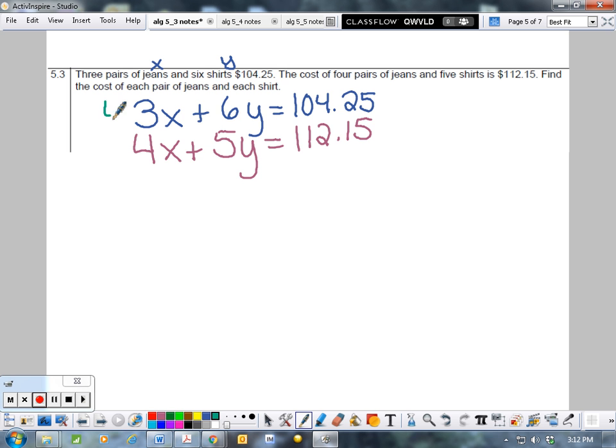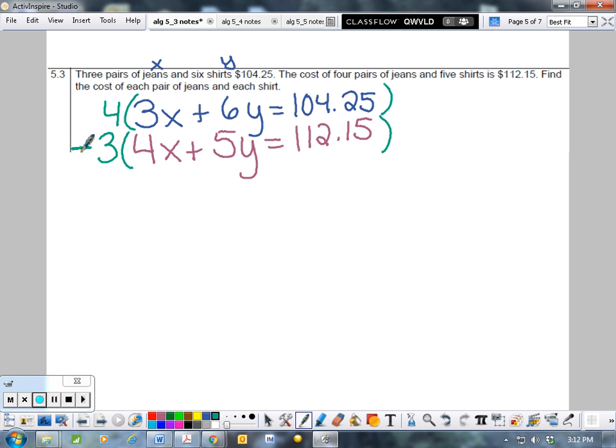So I can times this one by 4, and I can times this one by 3. But if I do that, I get a 12x and a 12x. And the idea is that I need them to cancel, so one of them has to be negative. So I need to multiply one of them by negative. I'm going to go ahead and choose the bottom one.